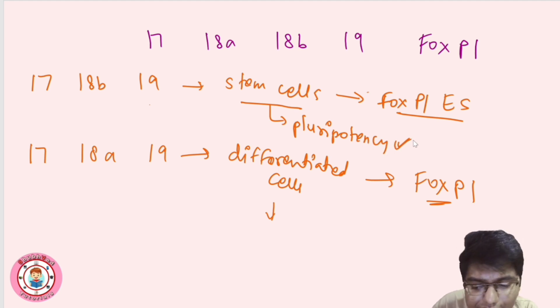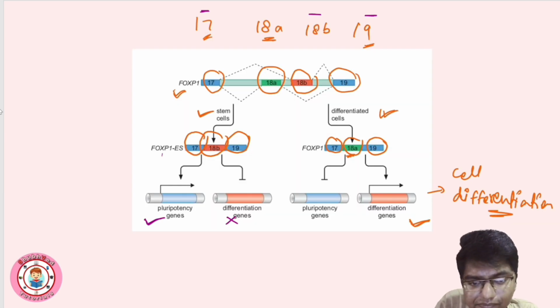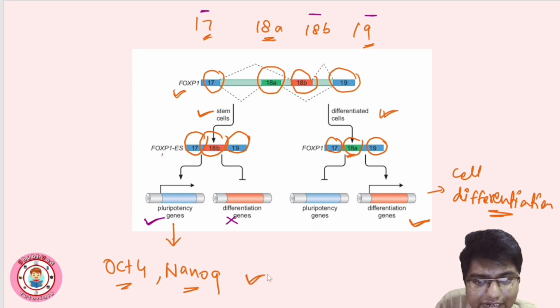Got it? This will give rise to pluripotency. So one more case to note here: pluripotency in the stem cells, which genes are activated? OCT4. Okay, October, we can remember OCT4 and NANOG. These are the two genes activated.